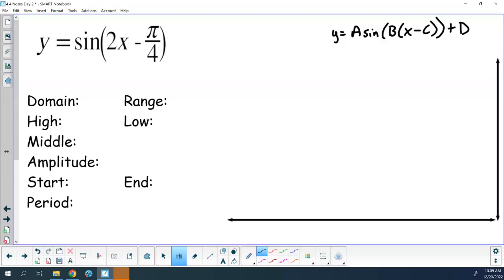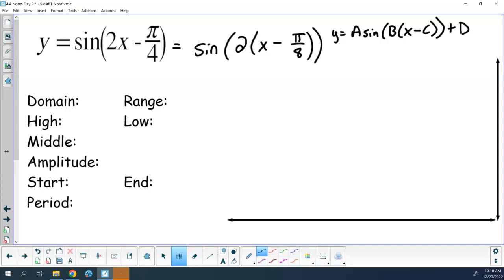Okay? So what I have to do here is I have to say that this is the sine of 2 times x minus, we agree with pi over 8. Yeah? Okay? Because if I distribute that 2 in, then I get the same thing.